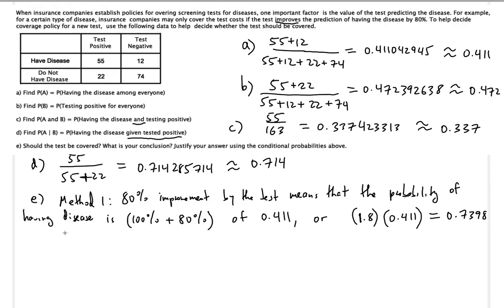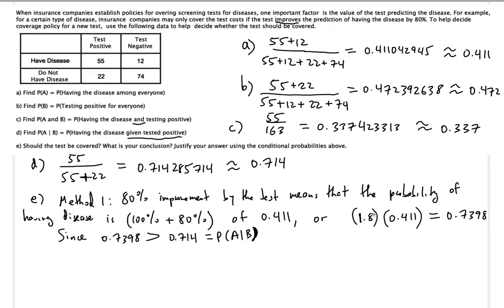So now notice, since 0.7398 is greater than 0.714, and 0.714 was the conditional probability, the probability of having the disease given tested positive. So notice that 0.714 is the test probability, right? You tested positive, and that's the probability of you having the disease.